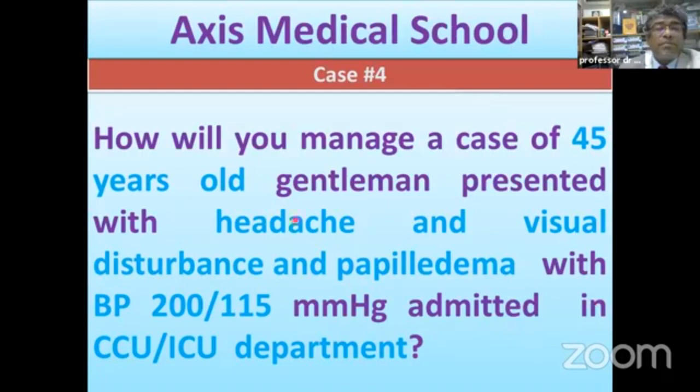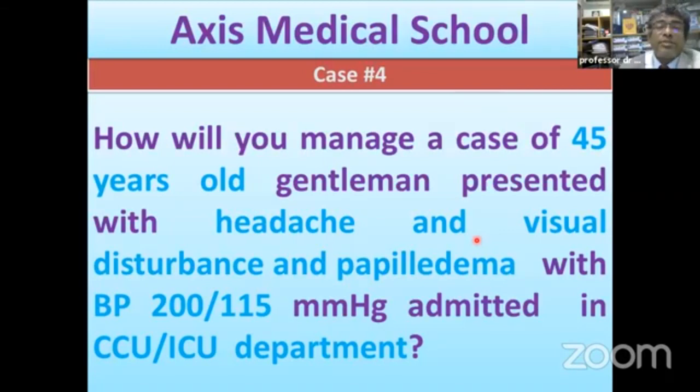So if the patient has visual disturbance along with papilledema, this patient definitely has target organ damage. Along with 200 over 115 millimeter mercury, that is stage 3 or grade 3 hypertension. Grade 3 hypertension with target organ damage is called hypertensive emergency.